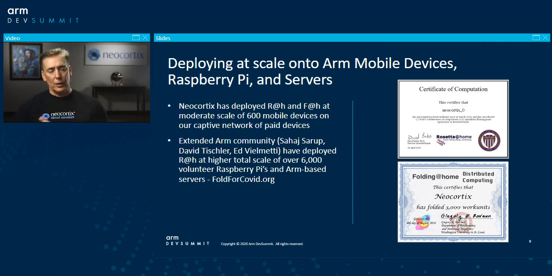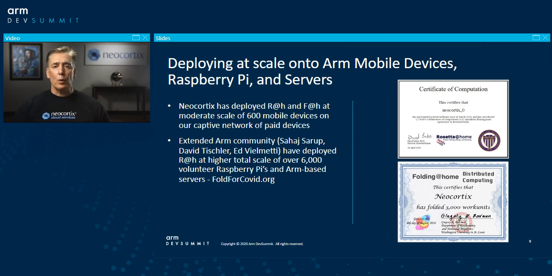I'll tell you in a couple of slides about the way that we are working to get access to a much larger number, potentially billions of devices. But that will not be using paid devices. It will be devices where the owners are volunteering their services, in the same way that people already volunteer their desktop devices for Rosetta at Home and Folding at Home.